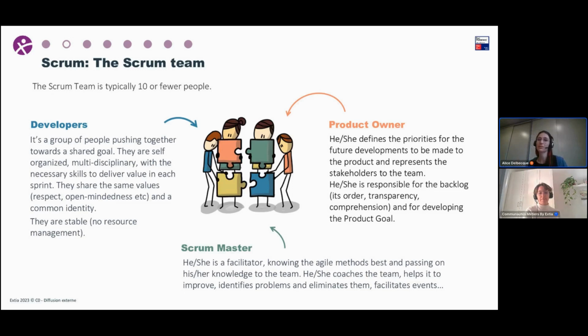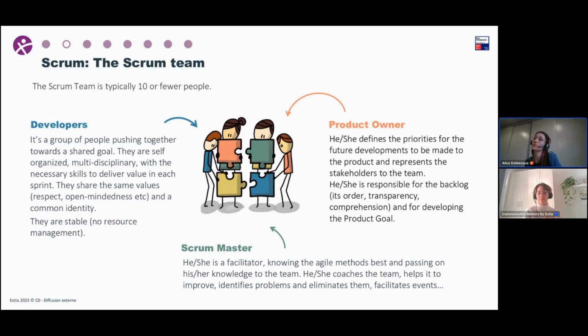That means that you won't have 4 developers during one sprint, and then during the next sprint you will have 5 developers, and the sprint after you will have just 3 developers. No, it's really not that. There is no resource management. You always have the same number of people in your team. So this is for the developer part.